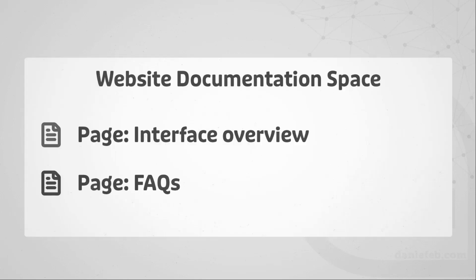So if we were to use an example here, let's say we have a website documentation space. We could have a page that has an overview of the interface of our website. We could have another page that has all of our frequently asked questions. Of course, the content that lives on each of those pages can be very different. We could have images on the interface overview. We could have text on our FAQs, things like that.